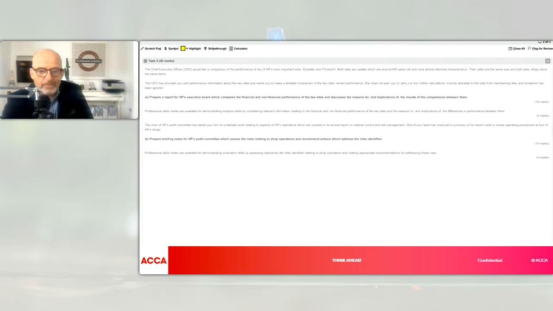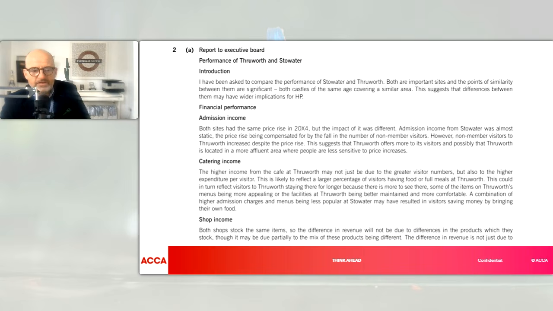What else do we have here? Well, here's just an example of the question we dealt with in the examiner's report, question 2A. It's here, 18 marks for professional marks. It talks about financial, and it talks about how we would discuss these financial and non-financial things. We use a subheading. Again, your job is to go and digest this and look at the language, look at how they actually answer the question asked.